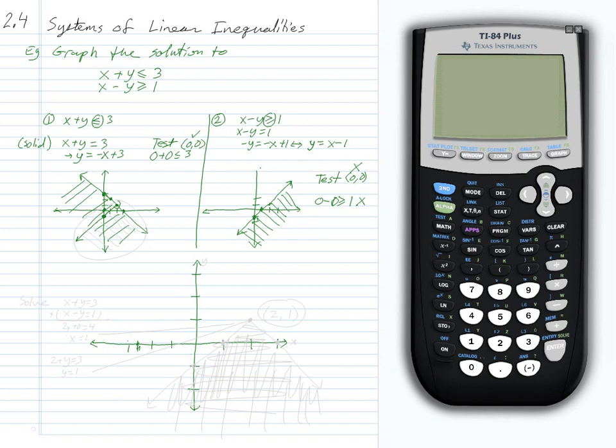So, below the new line, we see the overlap. So below the downward sloping line and below the upward sloping line, we have this region down here. It gets a little bit jumbled, and I usually like to make a new copy.